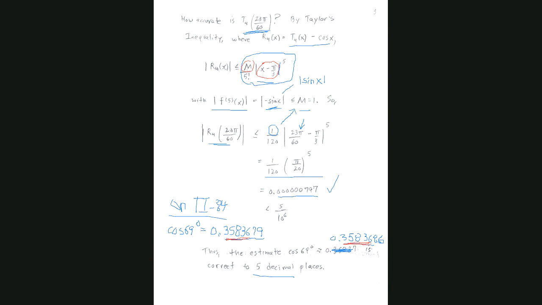If we were to do a 5th degree or a 6th degree Taylor polynomial, we would get more agreement in digits. But we do have an estimate that's correct to 5 decimal places. Are there any questions on that?